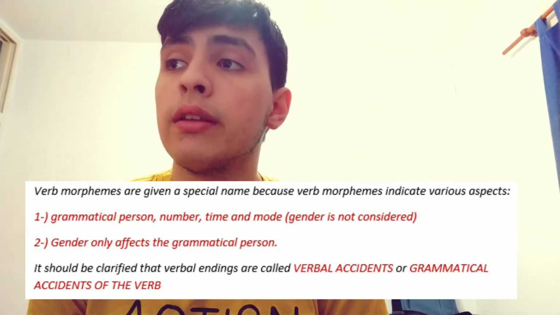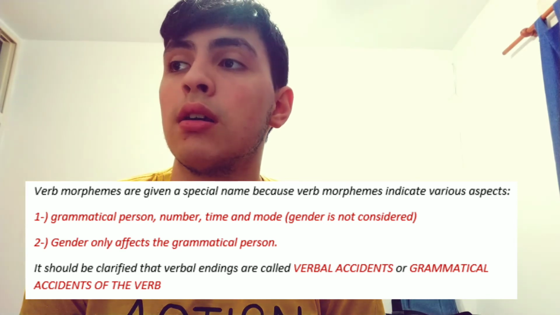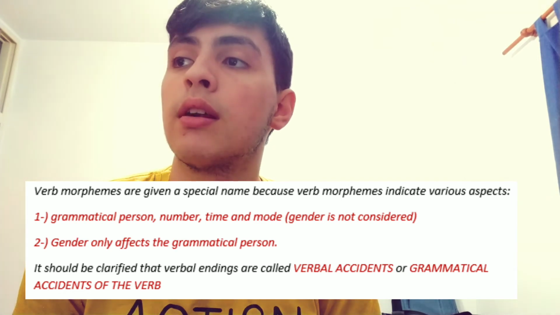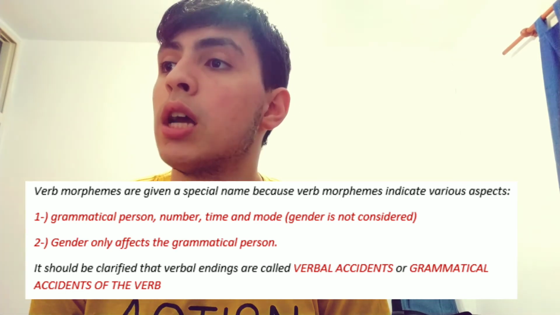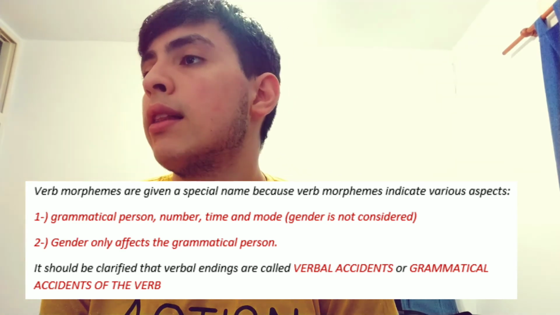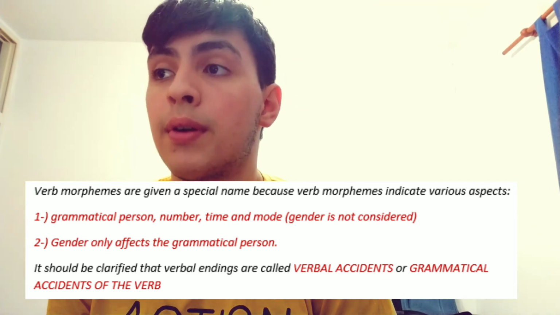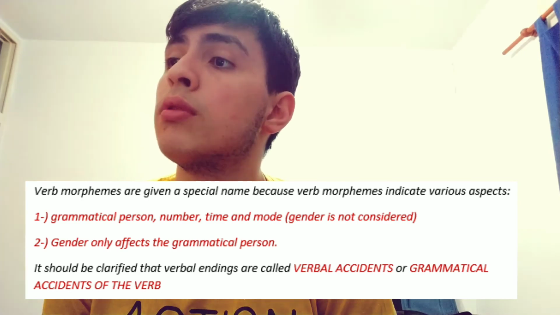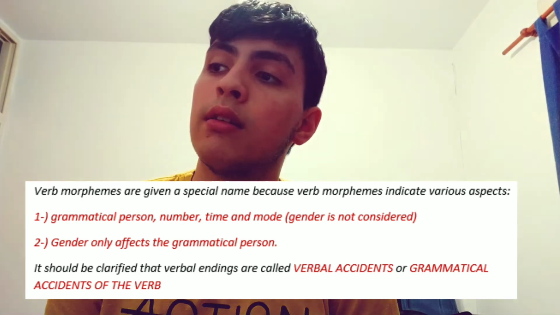But gender is not considered because all forms are the same in masculine and feminine. Gender only affects the grammatical person, which we'll see in the next video. I should clarify that verbal endings are the verbal or grammatical accidents of the verb. To finish, I will show you how the root of the verb itself is identified.